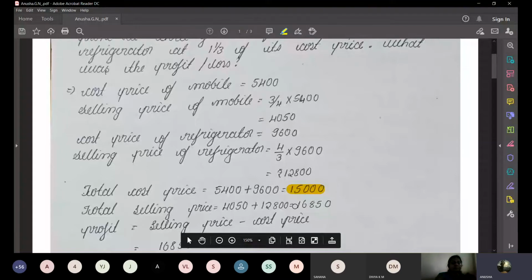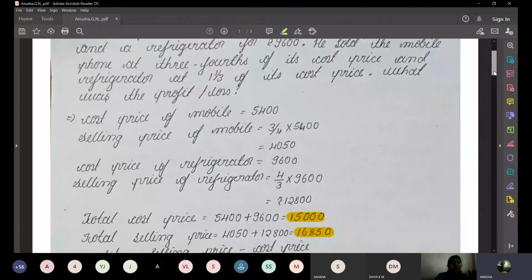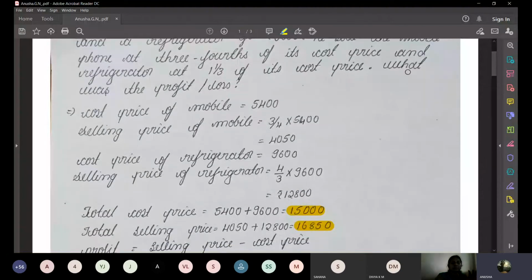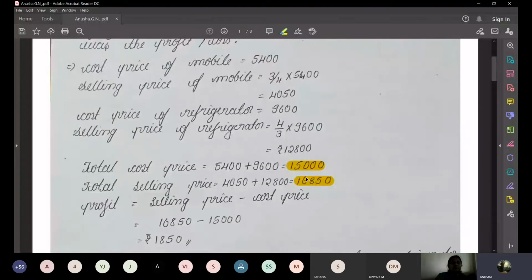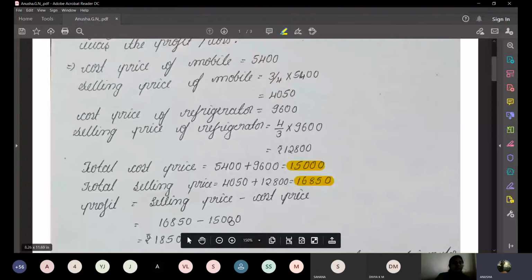Now the question asks us to find out whether he will get a profit or a loss. So it's a profit. He sells both things for 16,850, so we need to do selling price minus cost price. We will get how much he has profited. So he will be profited 1,850 rupees.